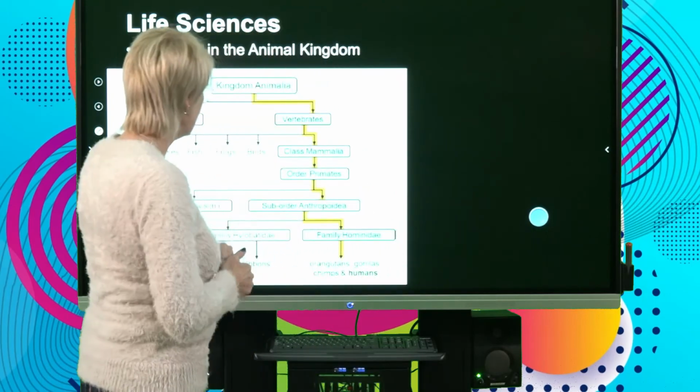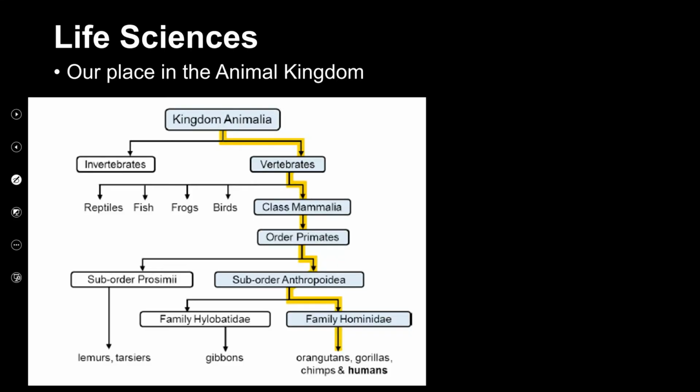All right, so let's have a look at this diagram here. So we have the animal kingdom as opposed to the plant kingdom or fungi or Monera or Protista. And we're going to look specifically at animals. And here's where we trace our lineage, where humans are.